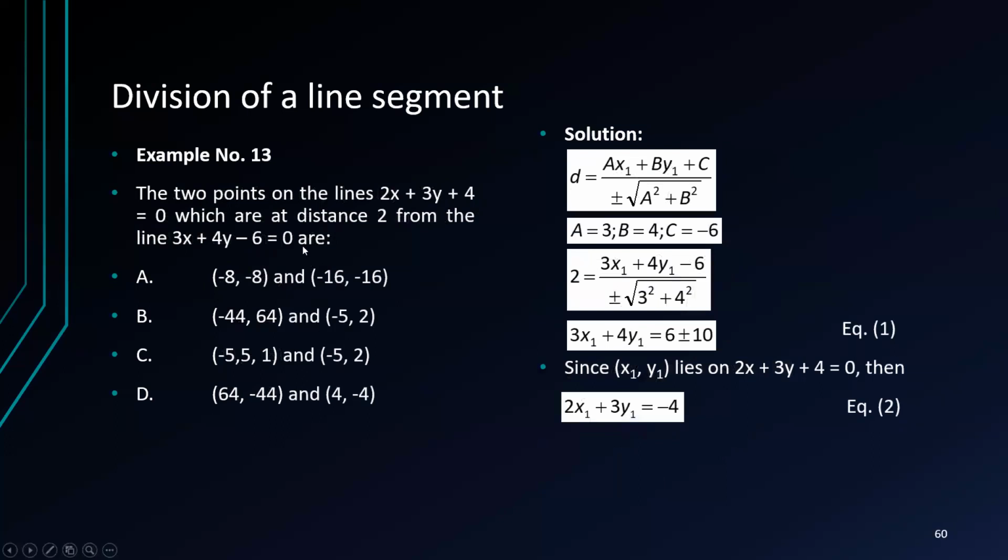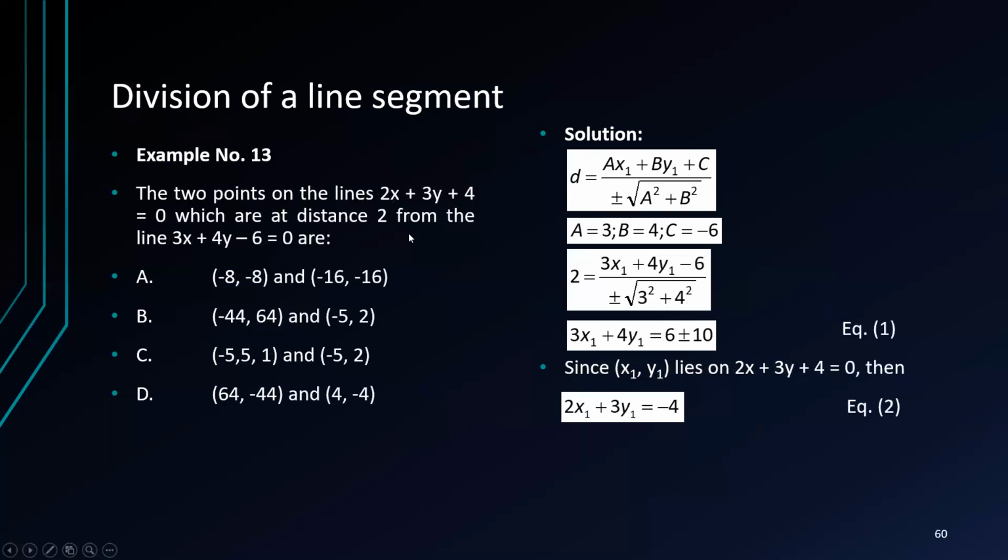So, sample number 13. Find the 2 points on the line 2x plus 3y plus 4 is equal to 0, which are at distance 2 from the line 3x plus 4y minus 6 is equal to 0. Yan. Ano yung points na yun? So, simultaneous equation to. Solution: D is equal to ax1 plus by1 plus c over plus or minus the square root of a squared plus b squared.